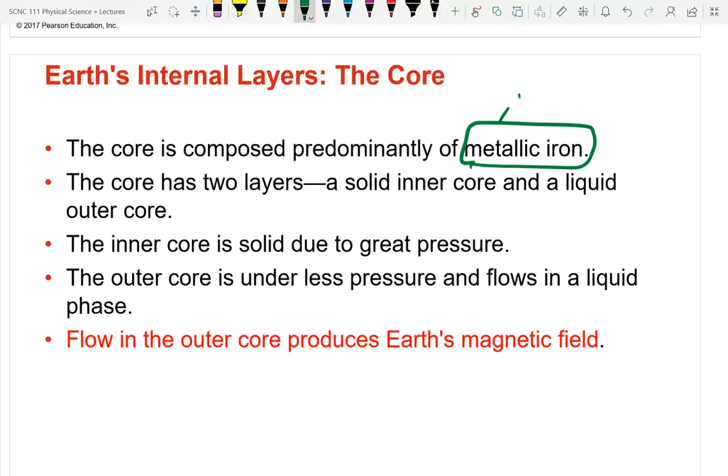Iron is the densest common element. If it's the densest common element, that means that it's the common element that will have sunk the most. So when you get to the center, you're going to have the one that sunk the most, the densest one.